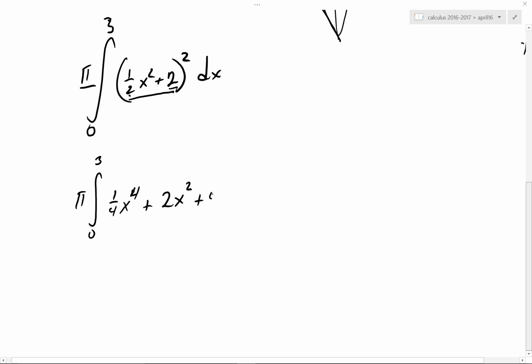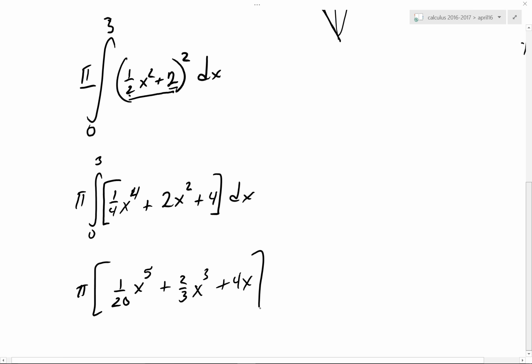And then, of course, plus 4 dx. So that's pi, good grief, 1/20th x to the 5th plus 2/3 x cubed plus 4x from 0 to 3.